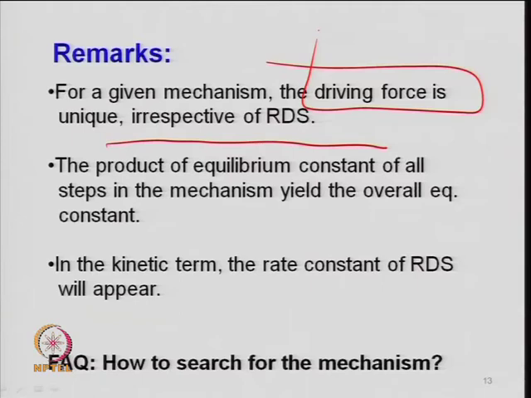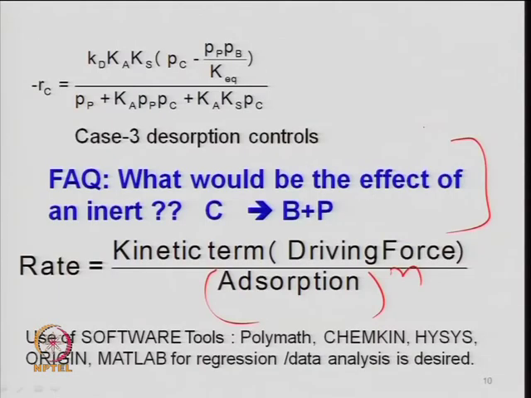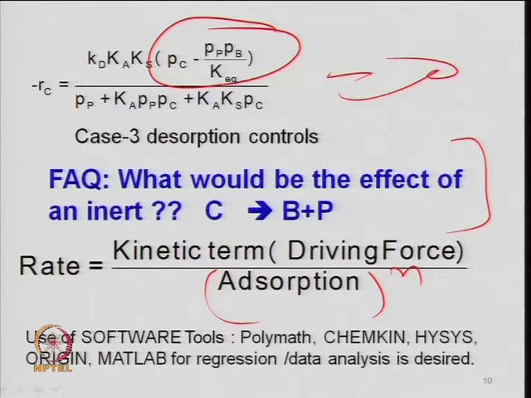You have just written here the equilibrium constant in whatever the rate expression, this term. At equilibrium this rate is 0, and then you decide the overall equilibrium constant. The overall equilibrium constant will depend on the adsorption, desorption and surface reaction equilibrium constants, and that is what we have seen.